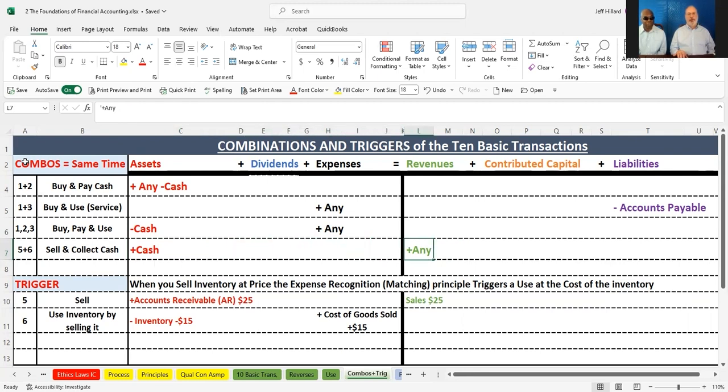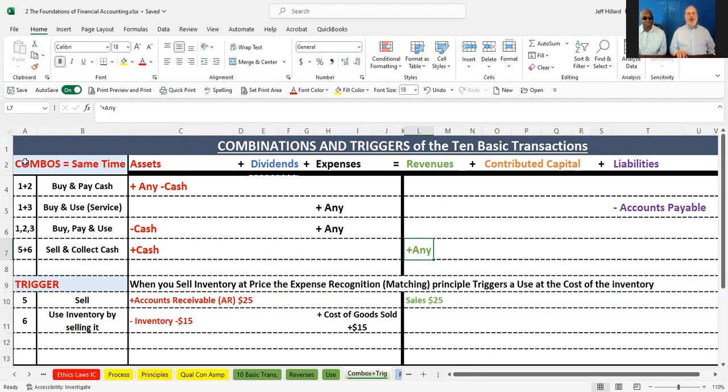Okay, so maybe we're a business, we sell and we collect part of the sale, and they owe us the rest of it. Then we'd have some cash and some accounts receivable.